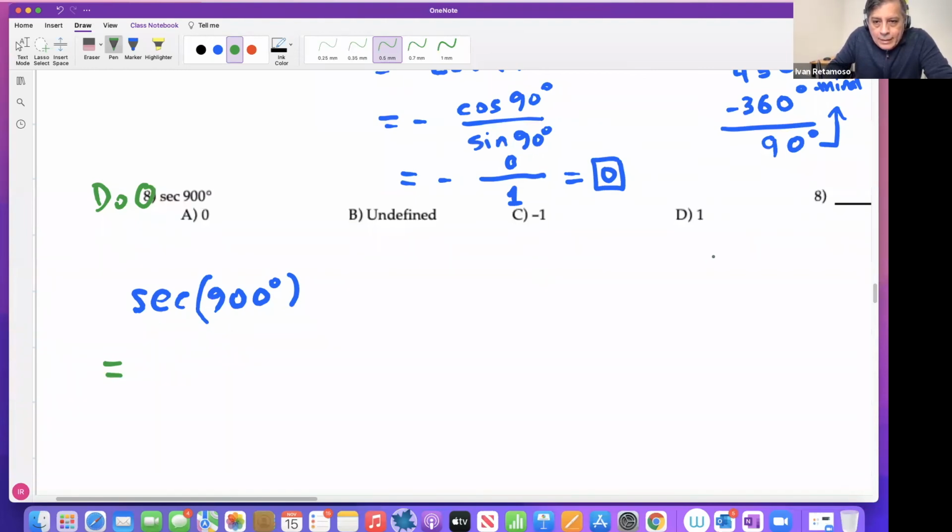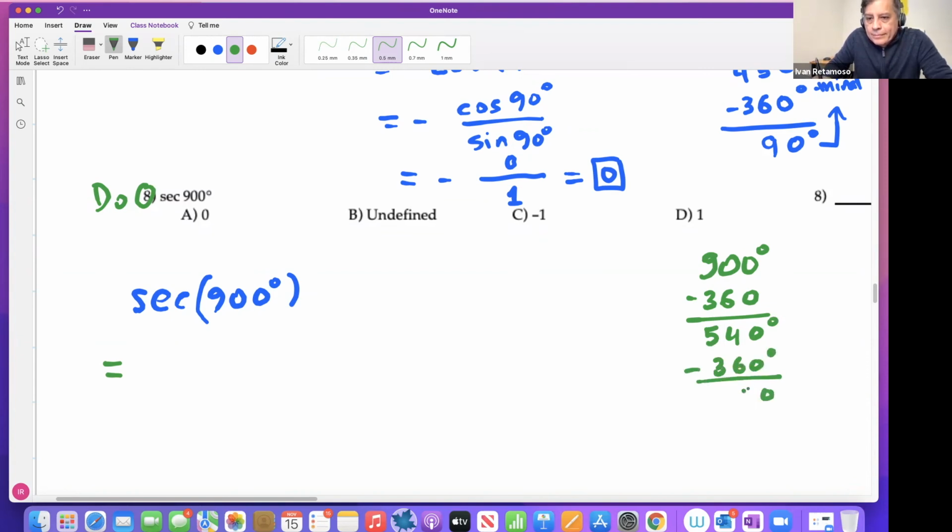This angle is much bigger than 360 degrees, so I'm going to subtract 360 first. I get 540. Subtracting again 360, I get 180, which is better, right?